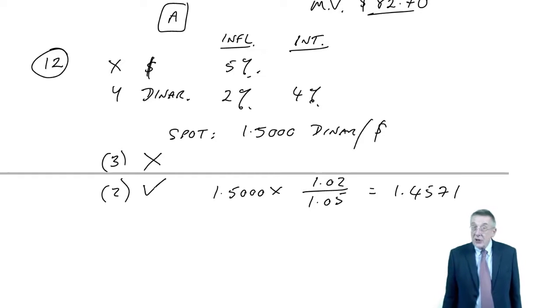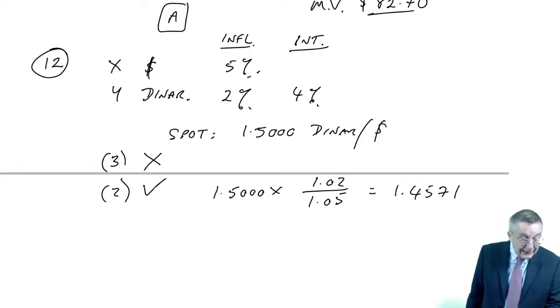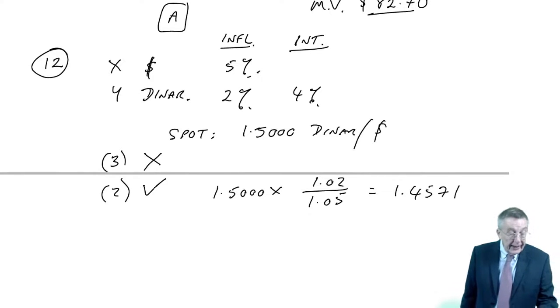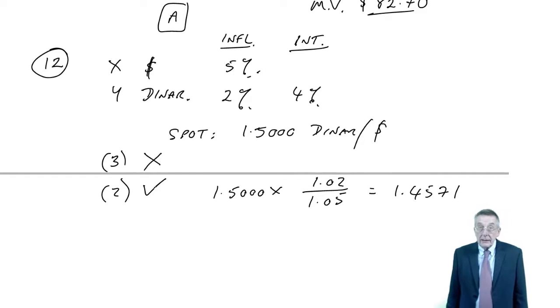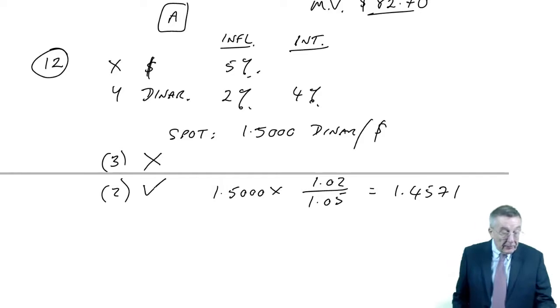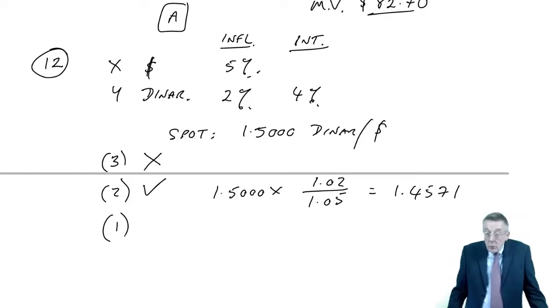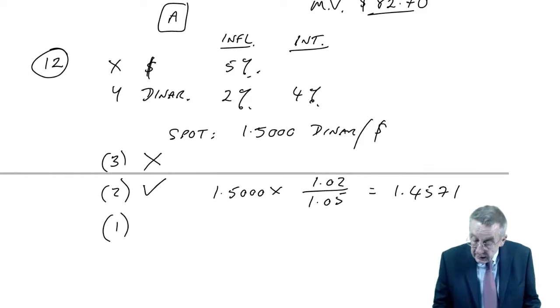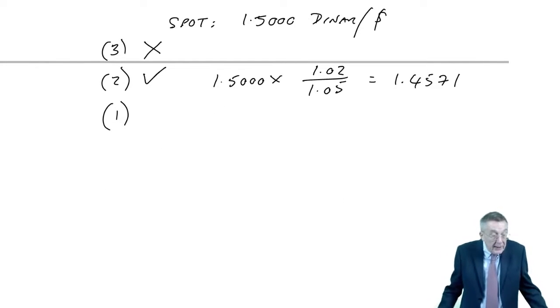I know 3 is not correct and 2 is correct, and so in fact, there's only one available. If 2's correct, it has to be B. And bear that in mind in the exam, because although I'm going to talk through the remaining one, don't waste time. If you've finished all the other questions, you can come back and then check it. But the answer has to be B.